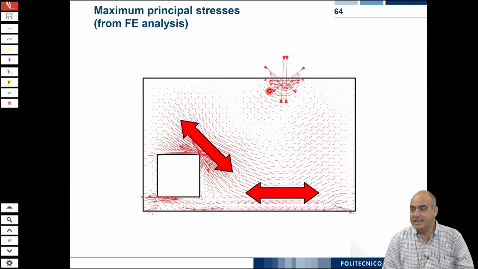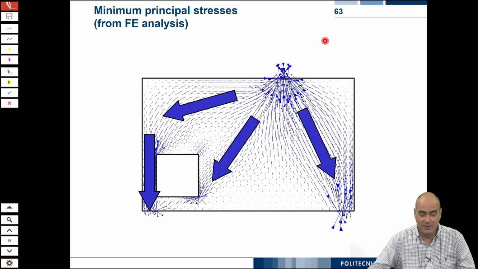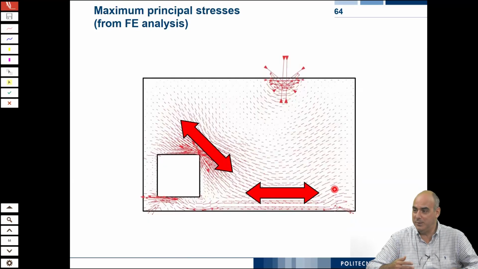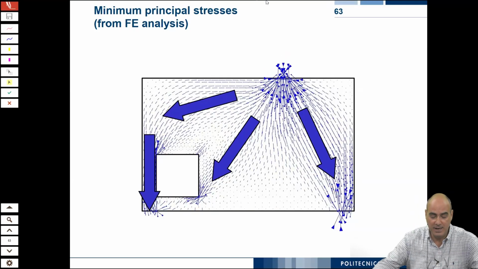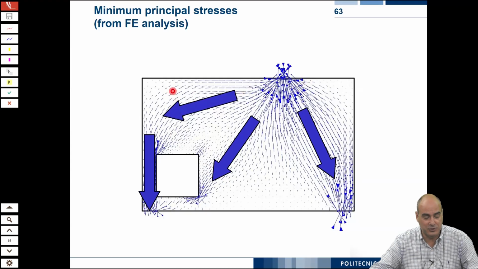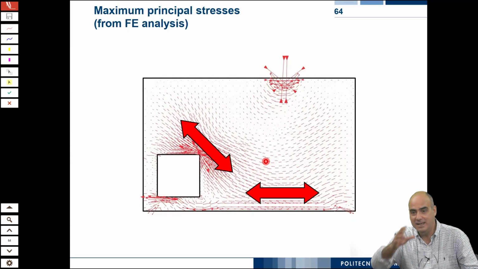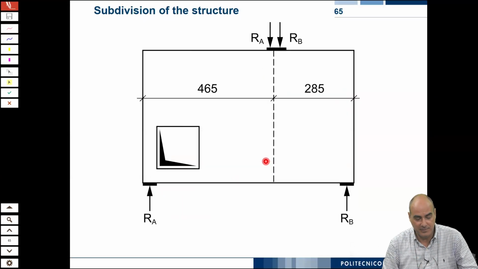For tensile stresses, you see here, if you have these two struts coming here, the horizontal part of that strut has to find its equilibrium. If you have these two inclined struts coming here, the transverse part has to find its equilibrium. So the ties mainly connect the struts.